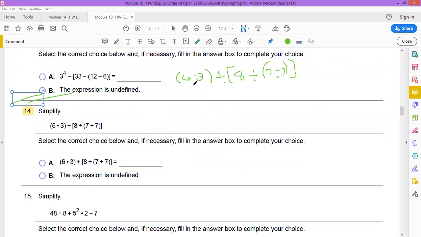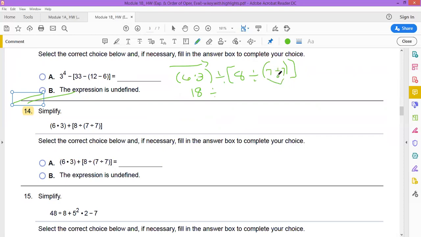All right, now we have different sets of parentheses. So we'll just look at our parentheses from left to right, meaning we'll multiply 6 times 3 first. That gives us 18. Divided by, but we can't divide yet because we don't know what each of these terms are going to be.